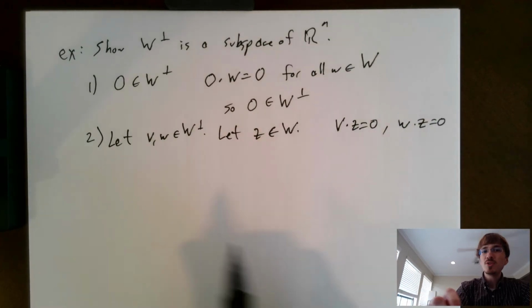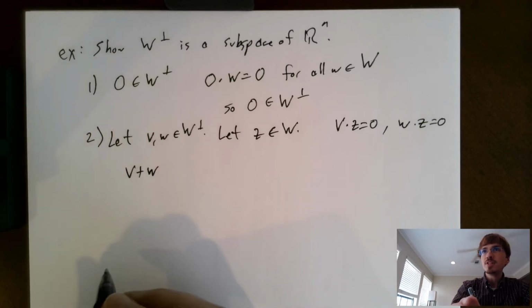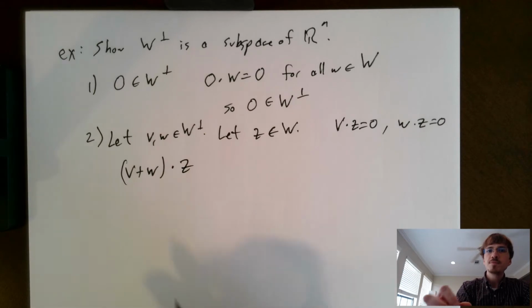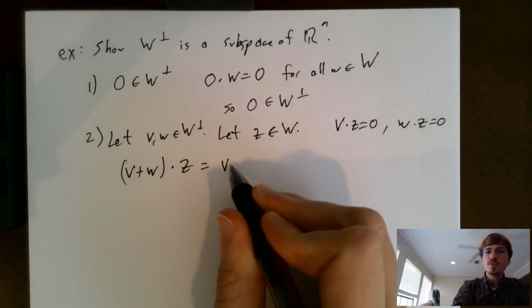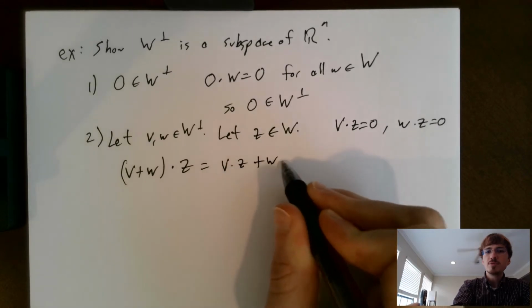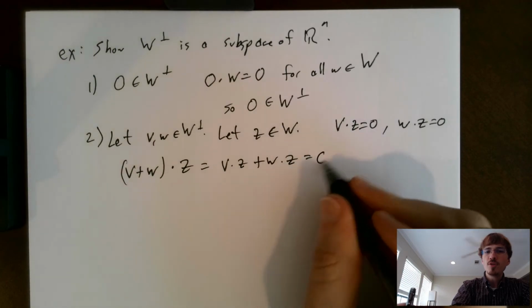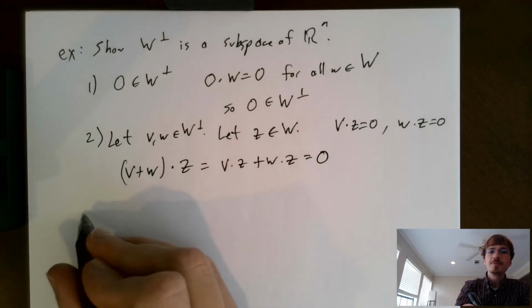What do we really want to show, though? We want to show that V plus W is in W perp. So let's dot it with Z. Well, we know that dot product is distributive over addition, so this is equal to V dot Z plus W dot Z. And because V and W are both in W perp, we know that this is 0 plus 0, which is 0. So we do have closure under addition.